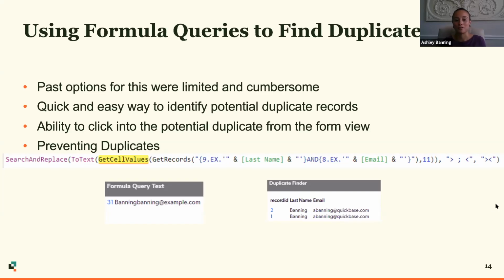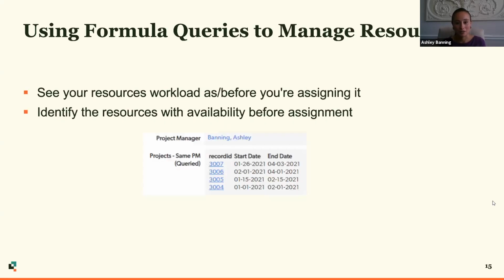And just for sake of transition, I'll go ahead and talk about the second use case, and then I'll demo both of them together. So the second use case that I'm super excited about is managing resources. A lot of the time in the past when a customer said, hey, how can you help me with resource allocation, it was a lot of report building. So looking at a report and then going in and assigning an individual to a project or something like that.